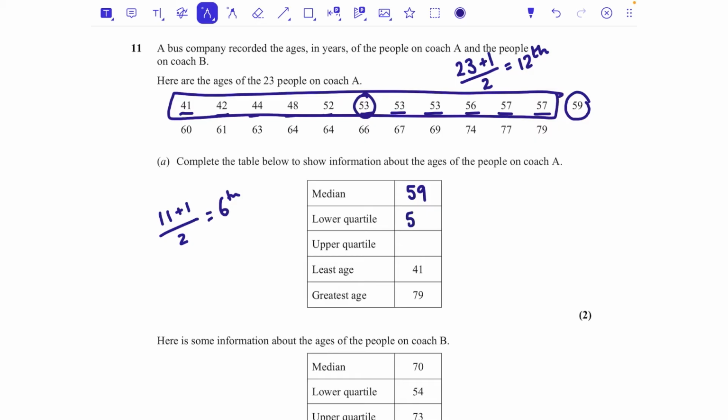That's our lower quartile, and we're going to do exactly the same above to get the upper quartile. So again, there's 11 above. It's going to be the 6th of those. That is your upper quartile. So 66 is the upper quartile. That's 25% of the way through the data, 50% of the way through the data, and 75% of the way through the data.